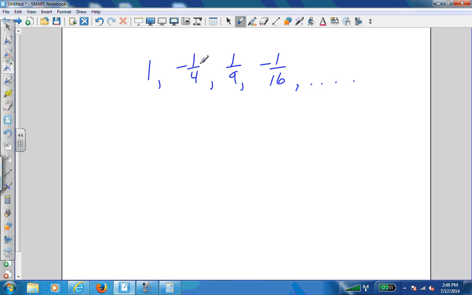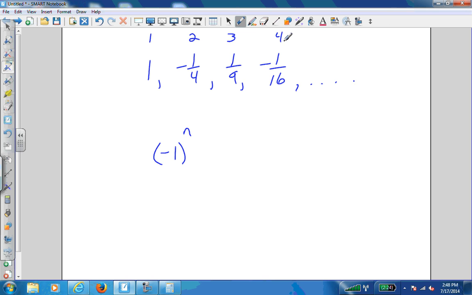The first thing to notice is that we alternate from positive to negative to positive to negative. The way that we can account for the changing of signs is by doing -1 to a power. -1 to an odd power is negative. -1 to an even power is positive. So this is our first term, second term, third term.